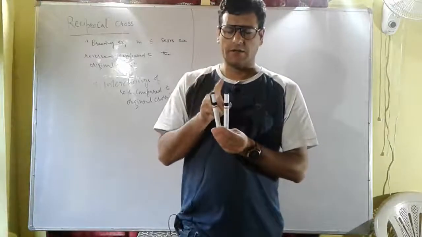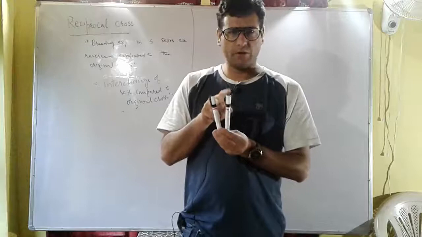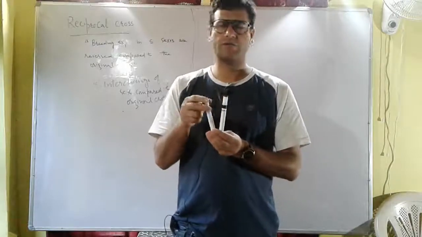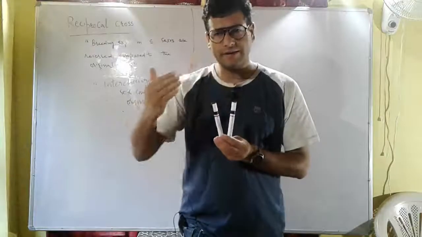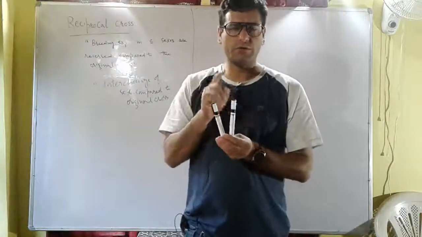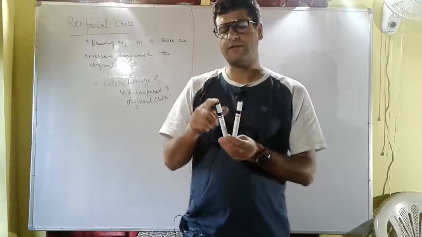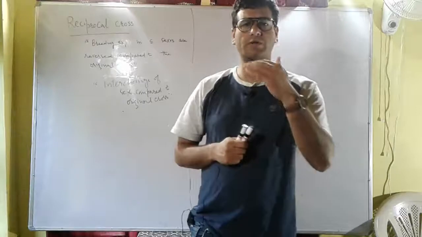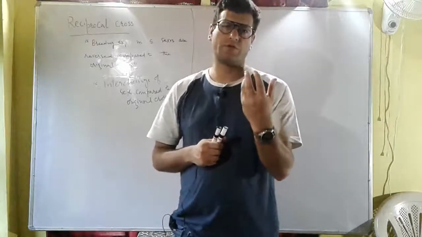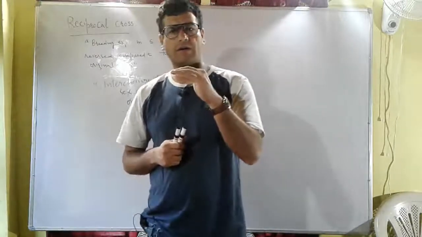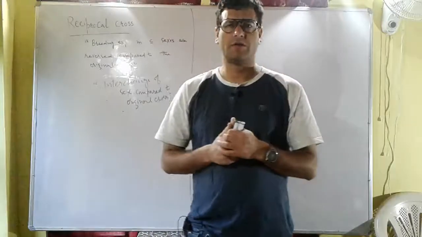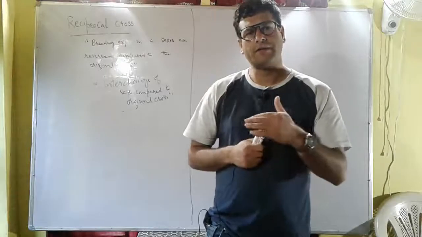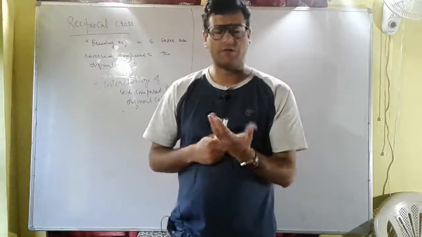In the original cross, we take this individual as a male and this individual as a female. Then in the reciprocal cross, we take this individual as female and this as a male. So a reciprocal cross is a pair of crosses where the males and females are switched in the second cross.